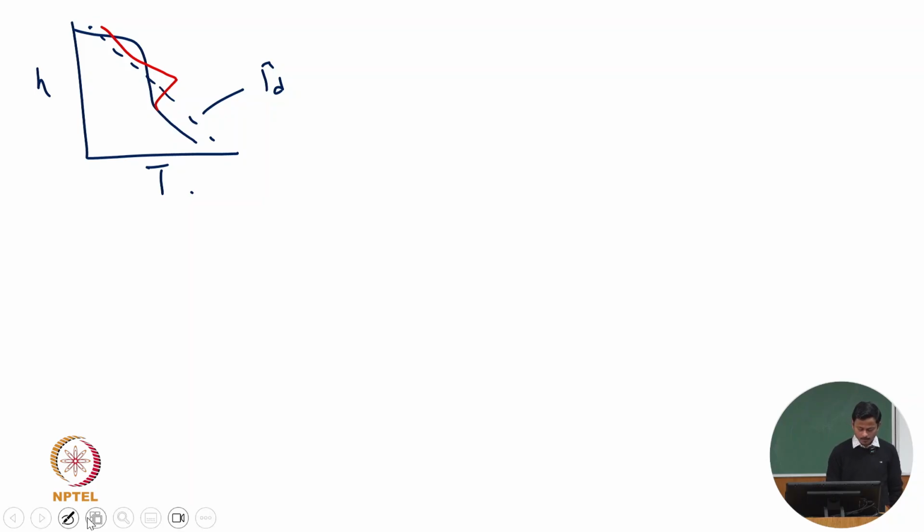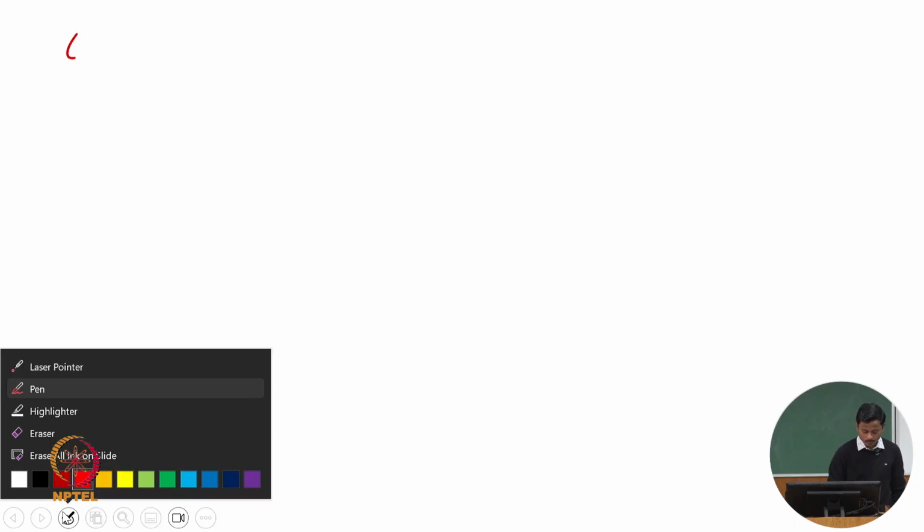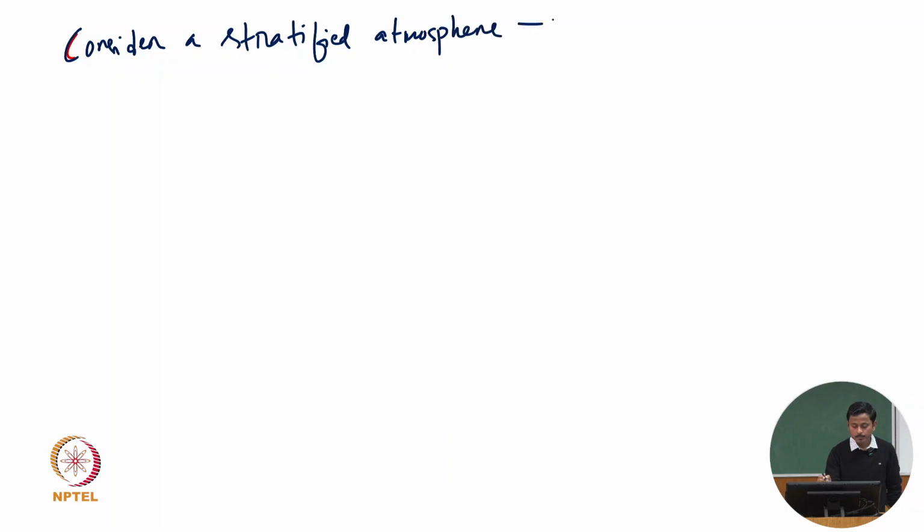Now, having introduced this lapse rate, let's see the stability of such a system. Consider a stratified atmosphere, that is, the density is varying with height.